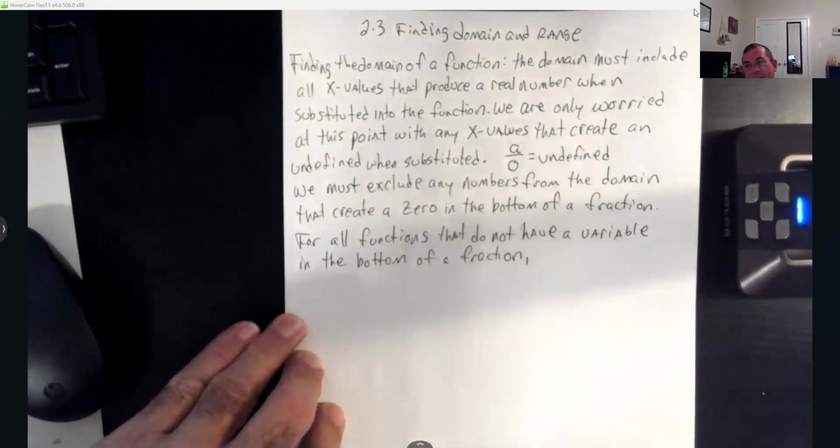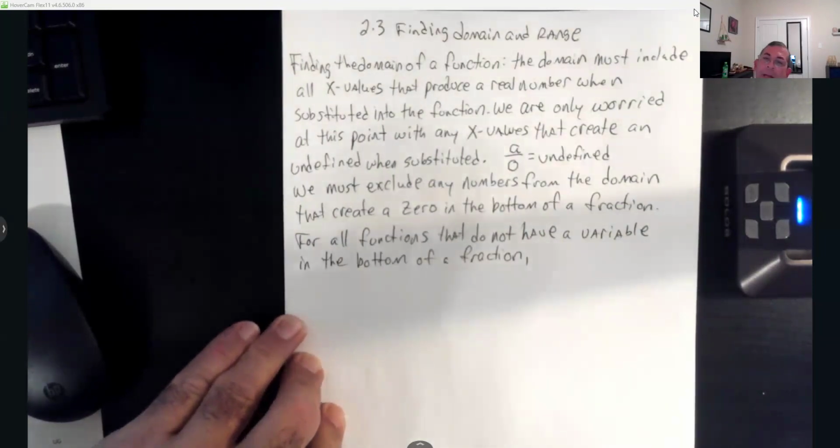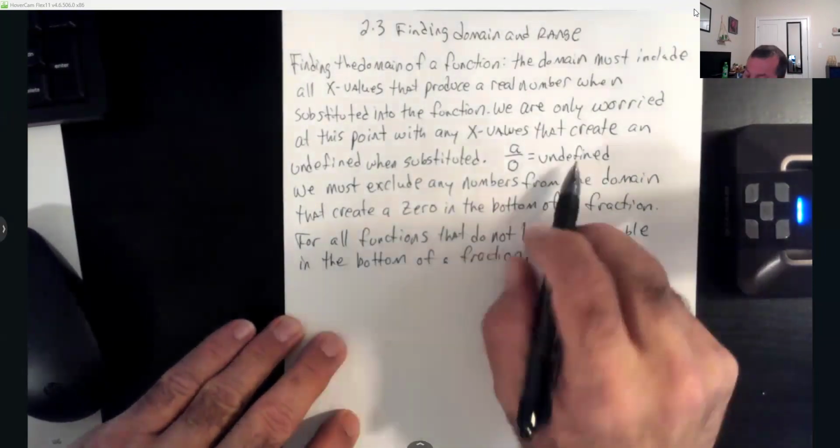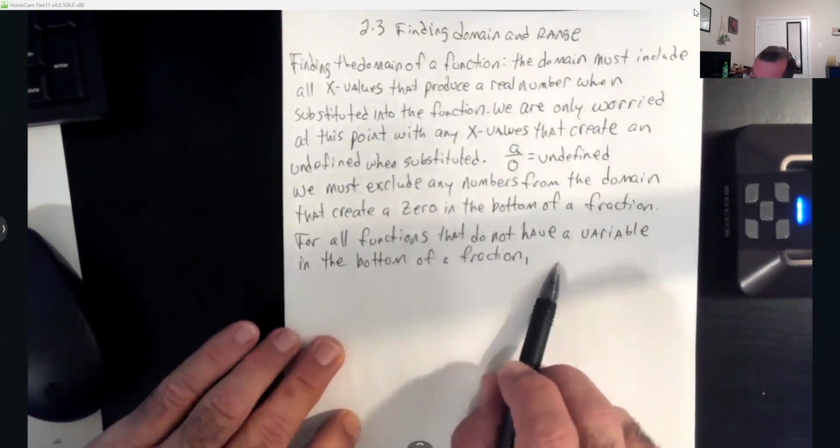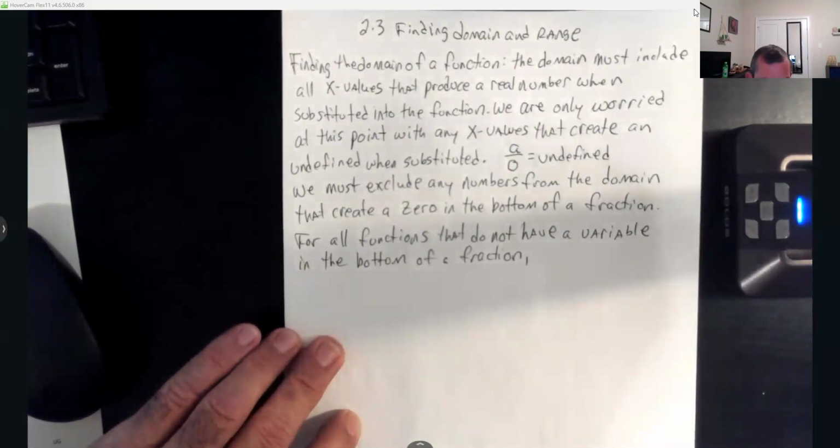If I don't have fractions with variables in the bottom, then that means there's no way I can get this undefined stuff happening. So if that's the case, then the domain will be all real numbers.